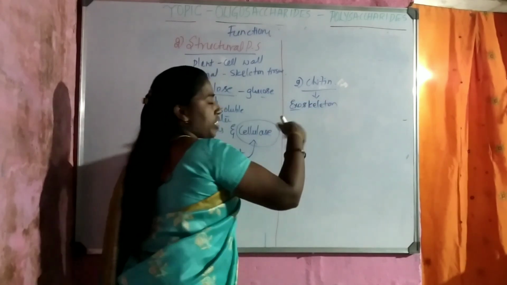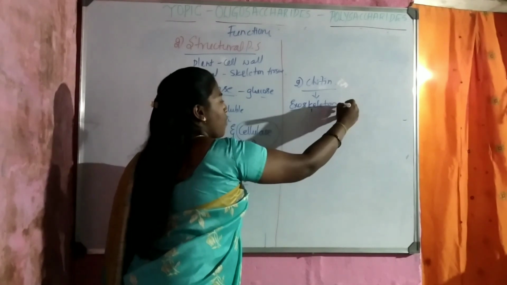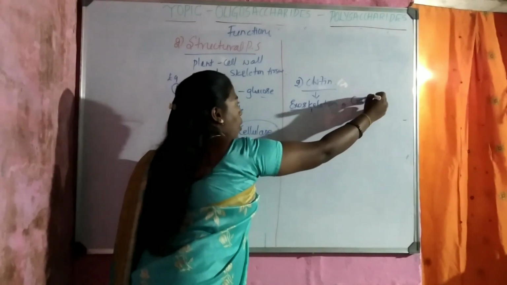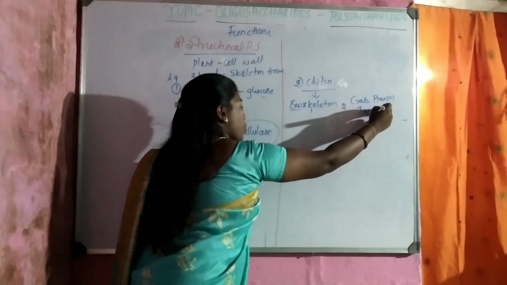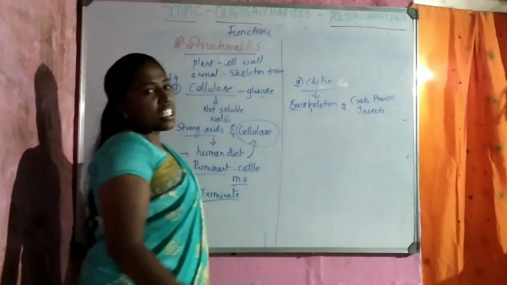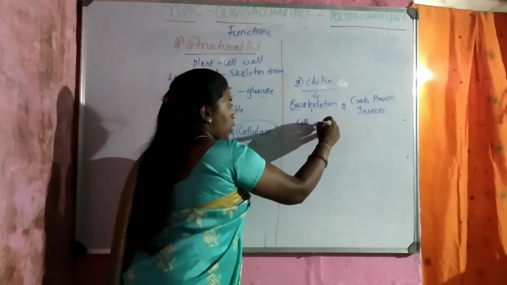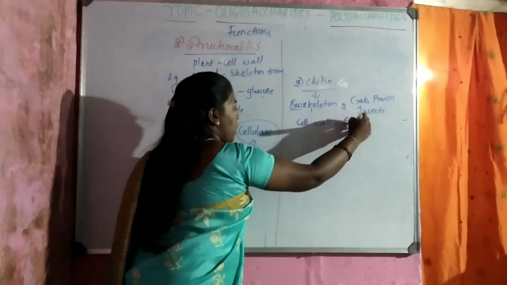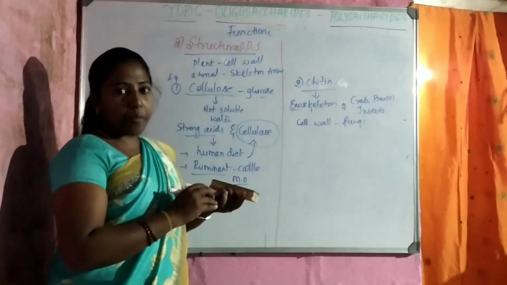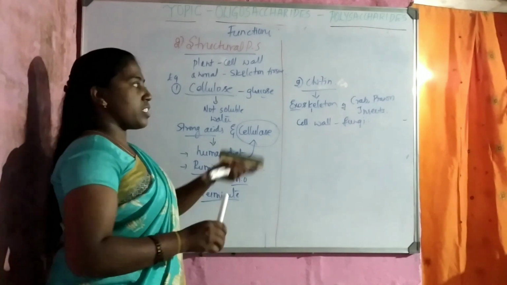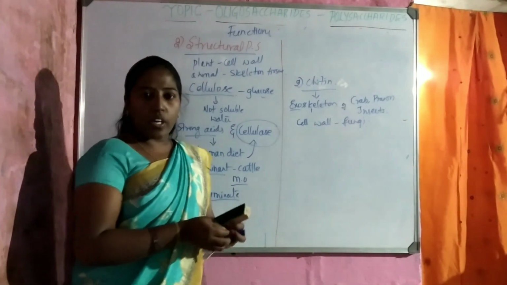Exoskeleton means a protective outer covering. Even some insects form an exoskeleton. And it forms part of the cell wall in fungi. So it acts as a structural framework in fungi and organisms like crab and prawn. So this is regarding structural polysaccharides.